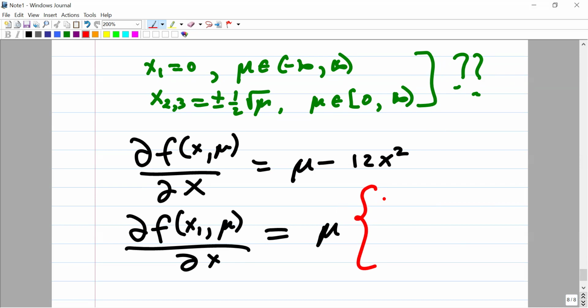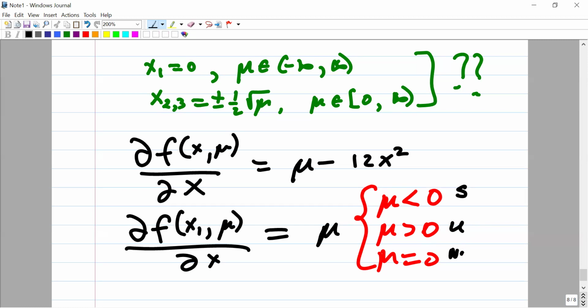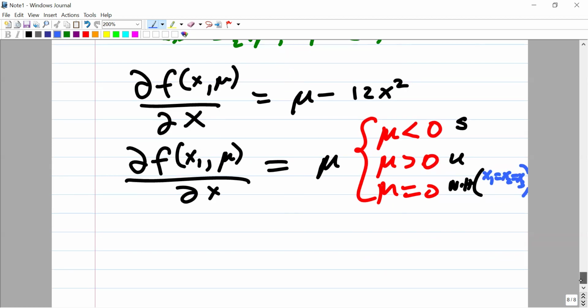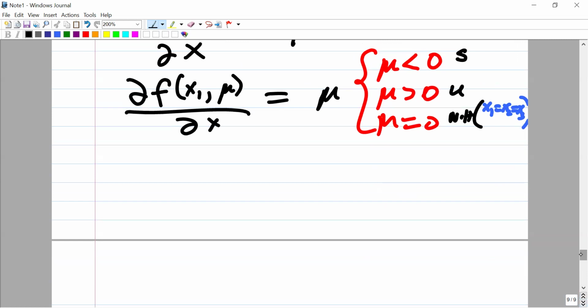of the equilibrium point x1. So if mu is less than 0, mu is greater than 0, or mu equal to 0, then we basically see that this is stable, unstable, and non-hyperbolic. And this means, in this case, x1 is equal to x2 is equal to x3. Okay, let's conclude first.